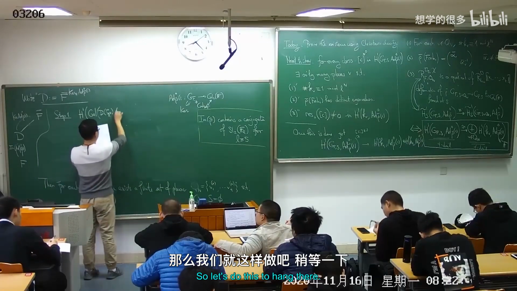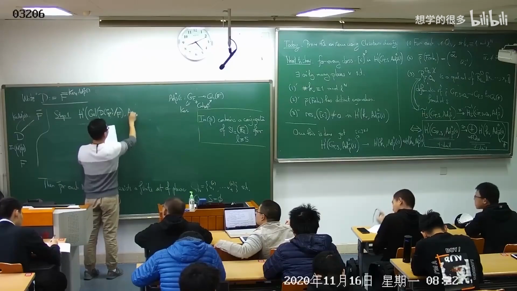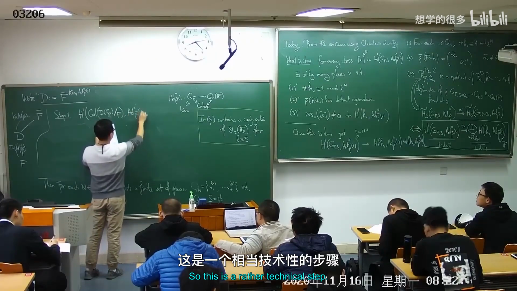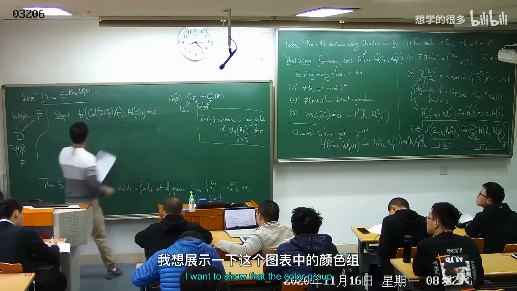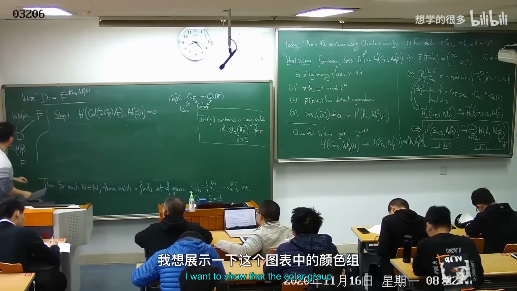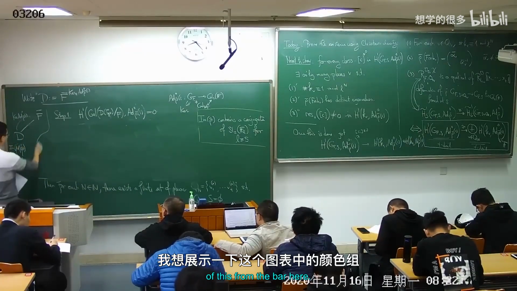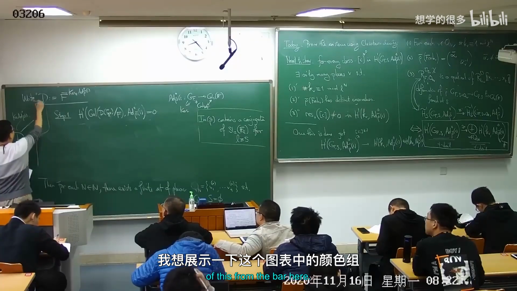So this is a rather technical step. I want to show that the Galois group of this from D. Oh, maybe I put it F bar here.